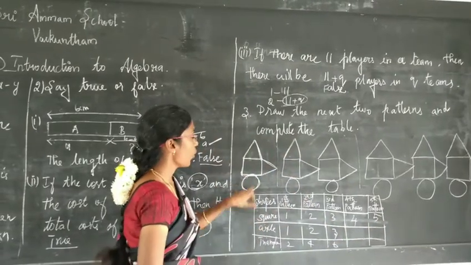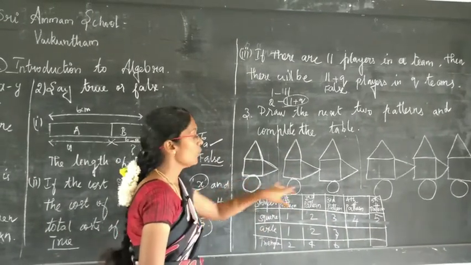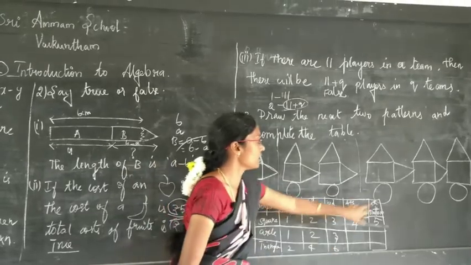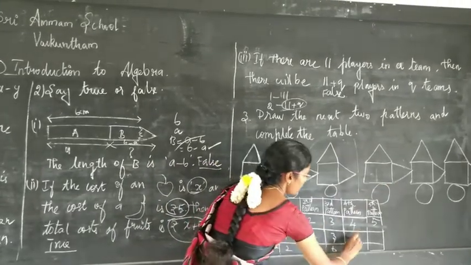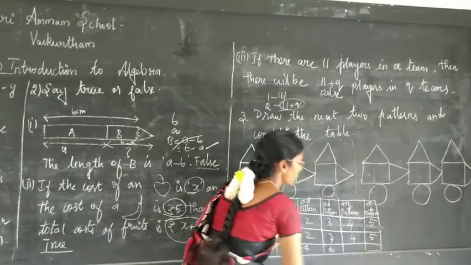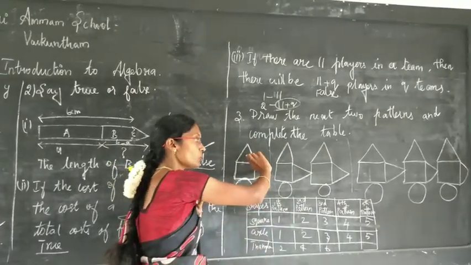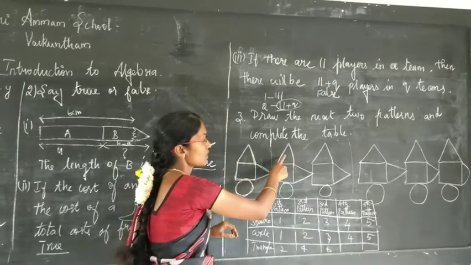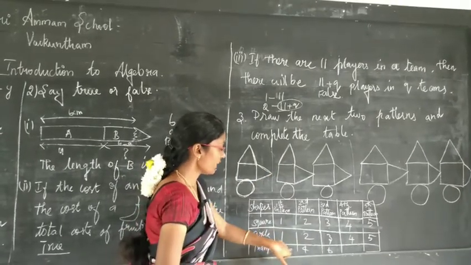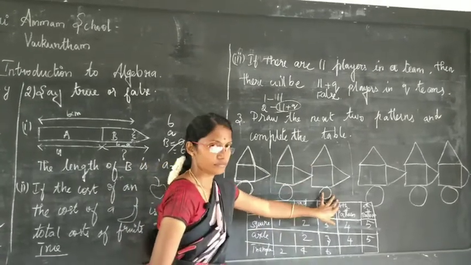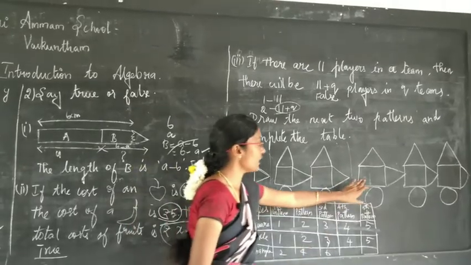And circle, only 1 circle in the first pattern, 2 circles in the second pattern, 3 circles in the third pattern, 4 circles in the fourth pattern, and 5 circles in the fifth pattern. And triangle, 2 triangles in the first pattern. Next one, 2 into 2, 4 triangles. Next one, 3 into 2.